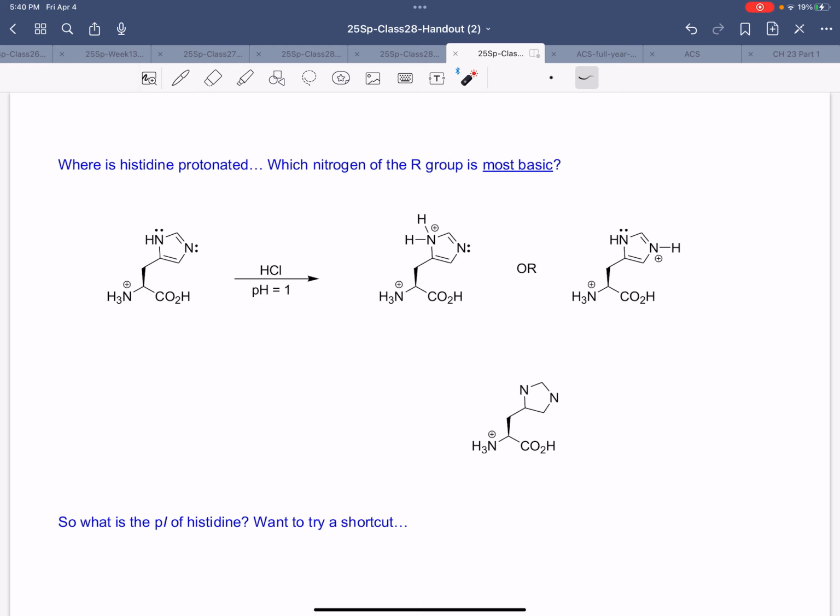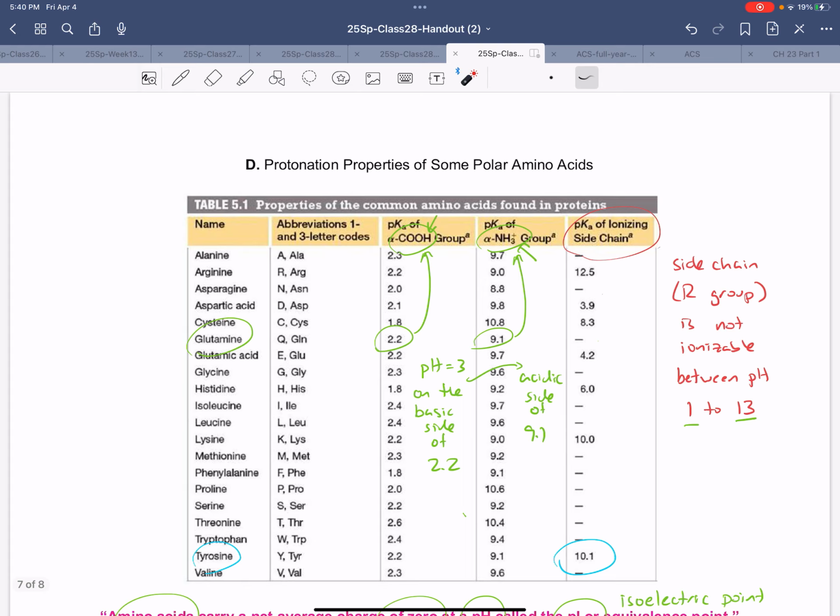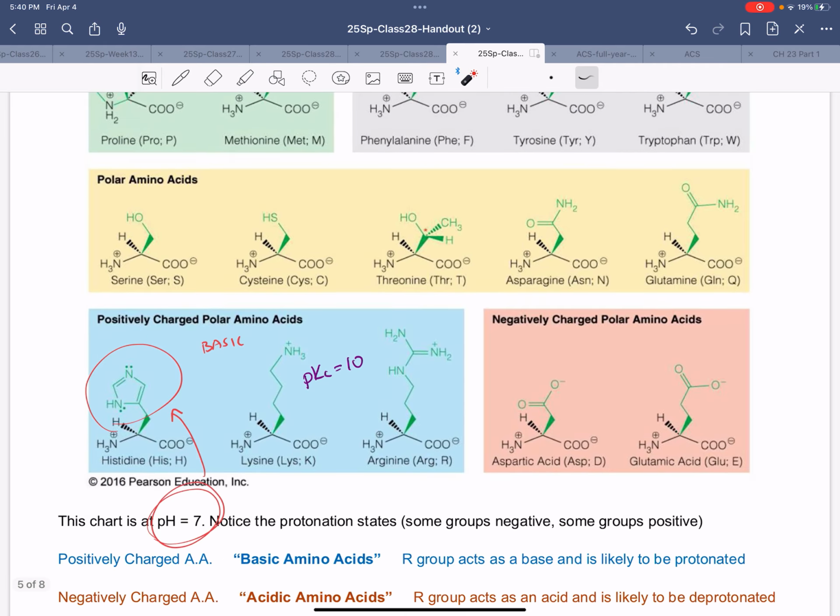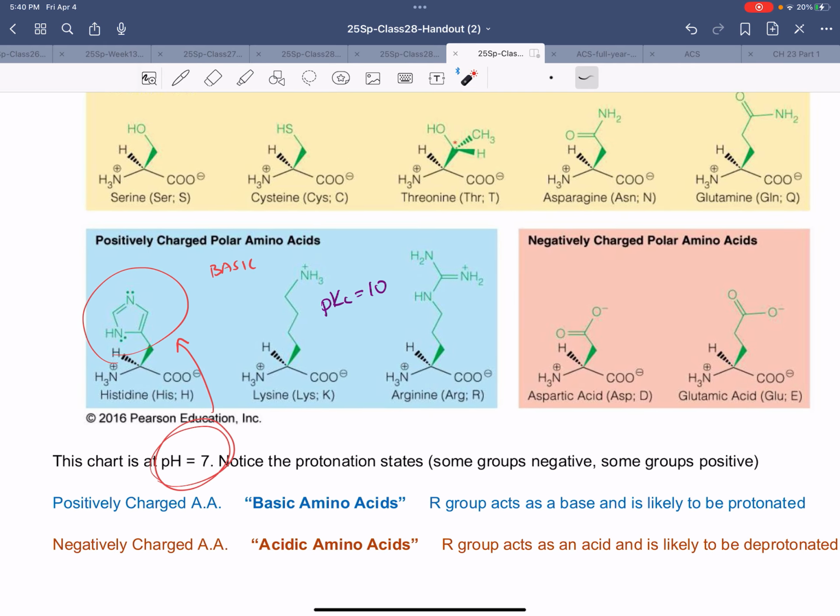And I'm going to pick a kind of tricky amino acid, histidine, because when I look at the chart, the side group of histidine is not yet protonated. I need to know where it's protonated, what the starting charge is at pH 1, and then do the process that we did in the previous video to figure out the pI.